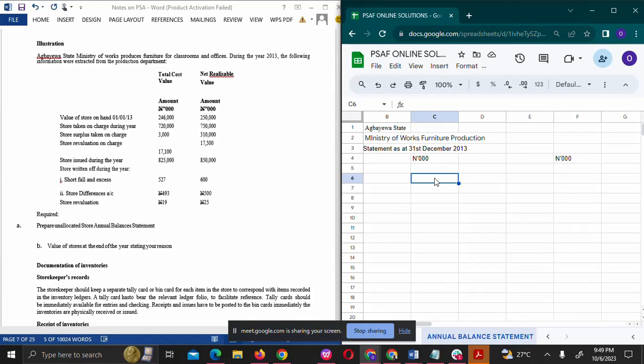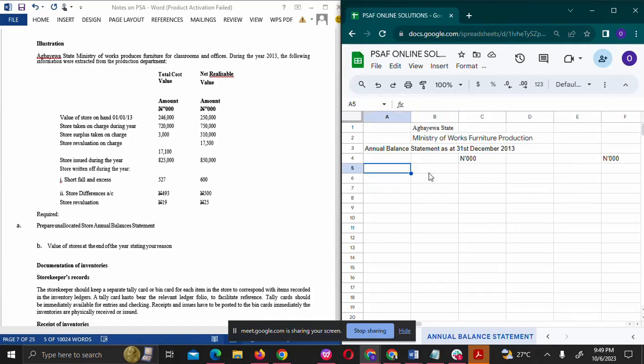So you are using the lower of the total cost value and the net realizable value. And if you notice in this question, the total cost value here is lower than the net realizable value. So in that case, I'm using the total cost value. Is that clear enough, please?